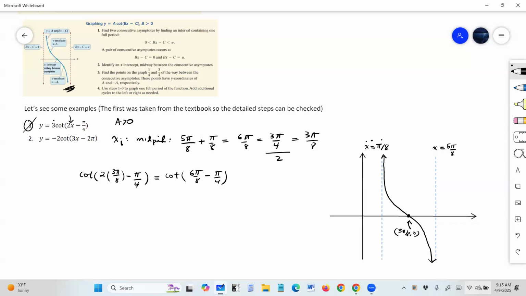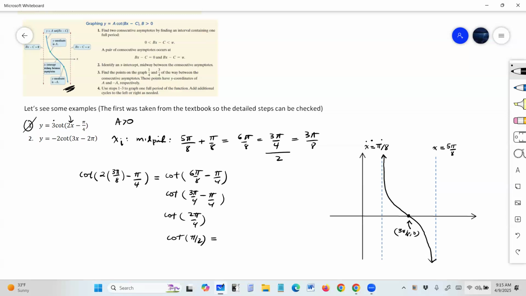Obviously, 6 pi over 8, if you simplify the fraction, is 3 pi over 4 minus pi over 4, which is obviously 2 pi over 4, which is obviously pi over 2.